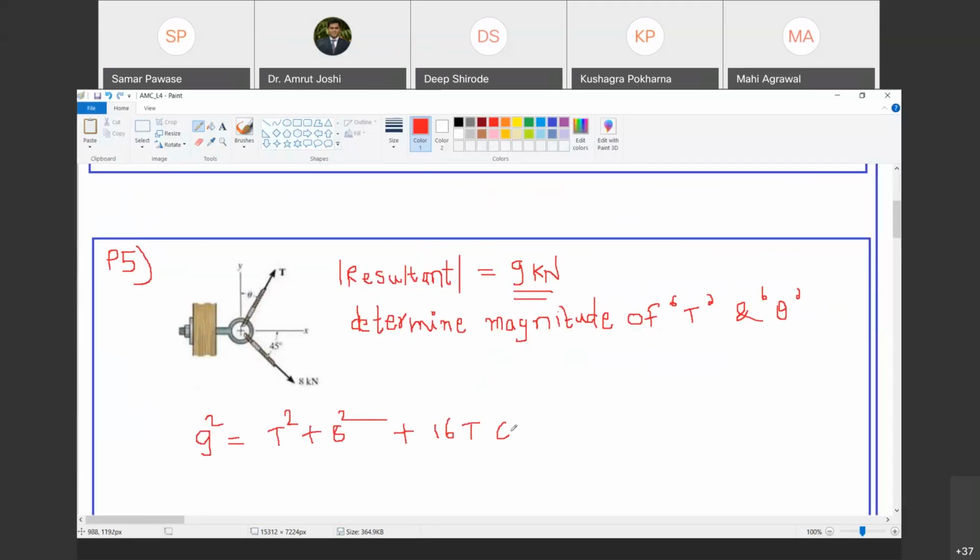Right. So it is 135 minus theta. Do you agree with me? Yes, sir. 135 minus theta.